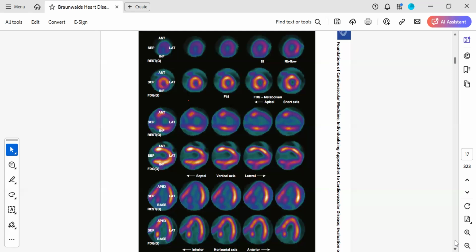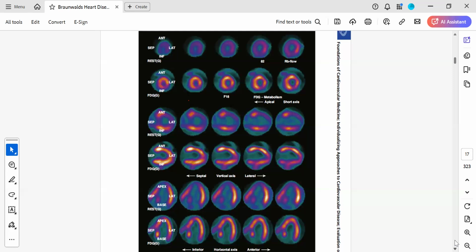Uptake of glucose analog, which is the fluorine-18 labeled FDG, by myocytes in an area of dysfunctional myocardium indicates metabolic activity and viability.